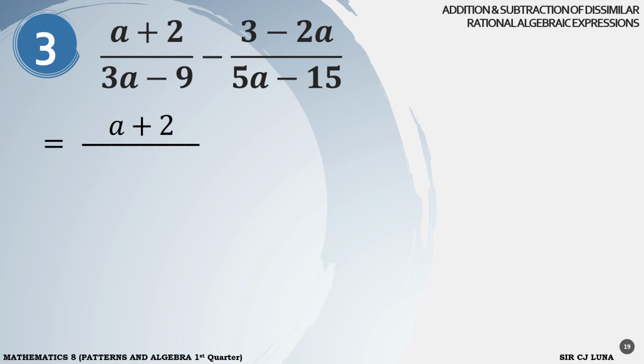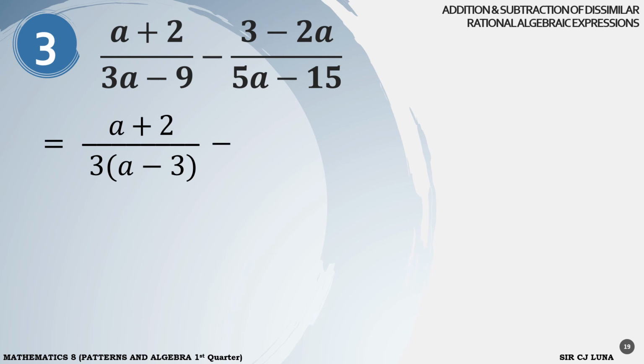How do we get the factors? Correct. We get the factors by factoring the common monomial factor. And what is it? Good. We have 3. And then, the second factor is a minus 3. Okay? Next, minus.